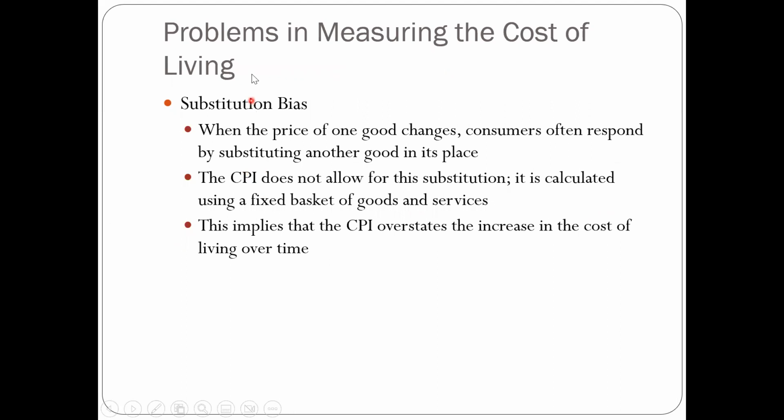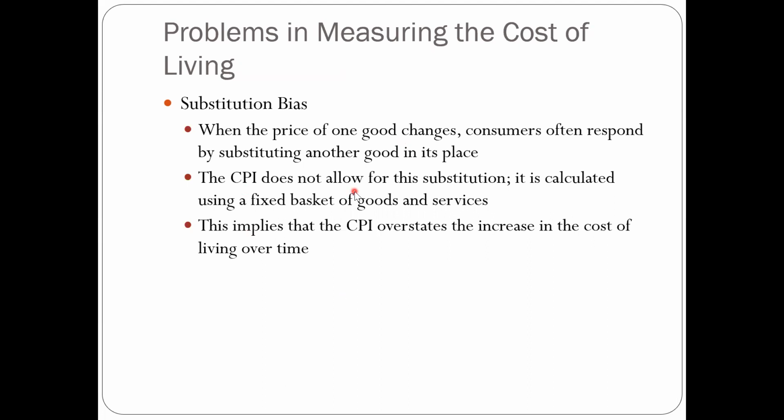We have other biases. We have substitution bias. Substitution bias arises when the price of one good changes. Of course, many goods have substitutes, so consumers will respond by substituting another good in its place in order to satisfy their needs.